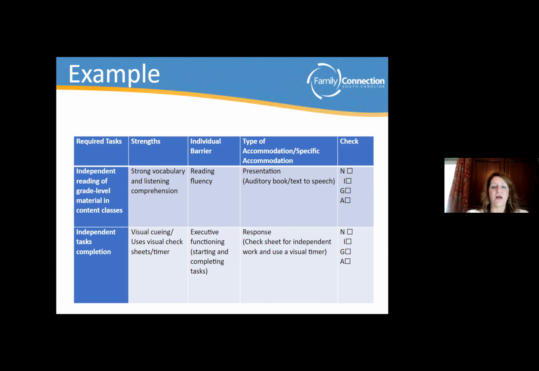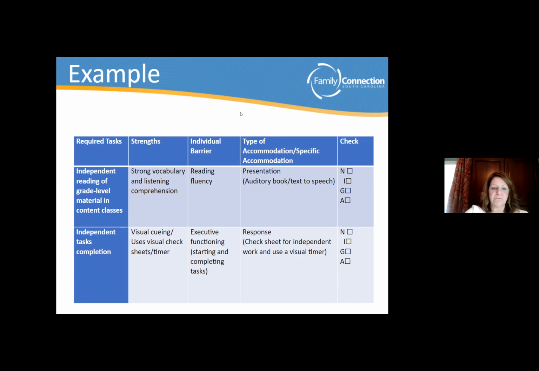A potential accommodation would be presentation. In order to get them to access the content, although they're a really slow reader, giving them a break by changing to an auditory book or a text to speech book. You go through and look at those: is it really necessary? Is it individualized? Is it something the student understands and will use appropriately?